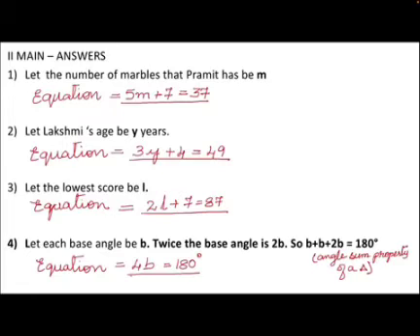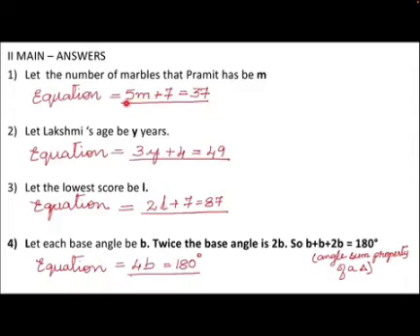Let the marbles that Parmit has be M. According to the statement, Irfan has 7 marbles more than 5 times Parmit's marbles. So 5 times M is 5M, and Irfan has got 7 more. So add 7 marbles to Parmit's marbles.